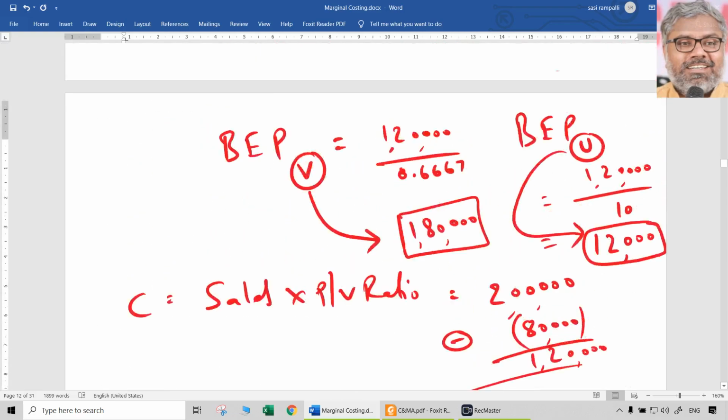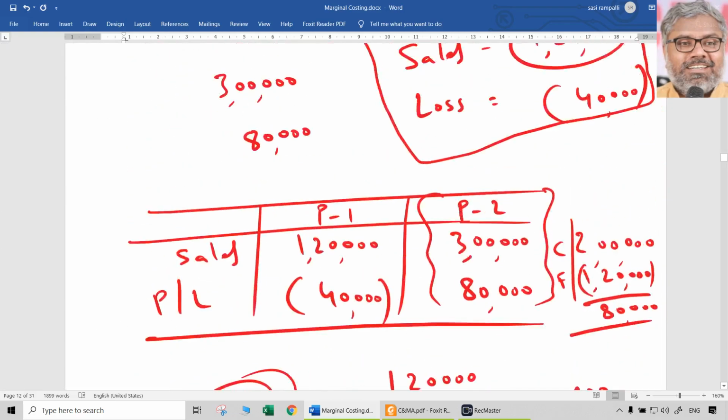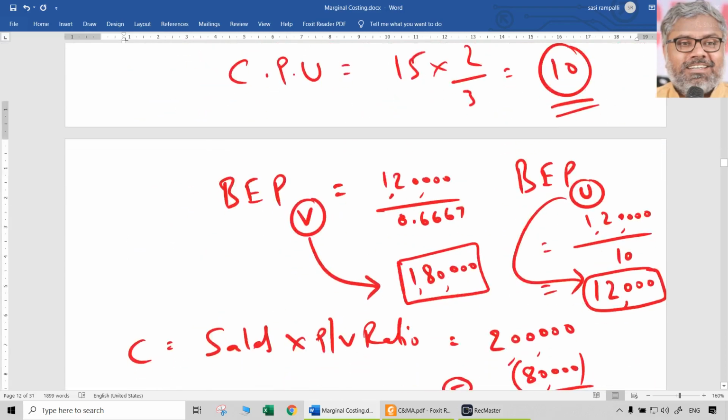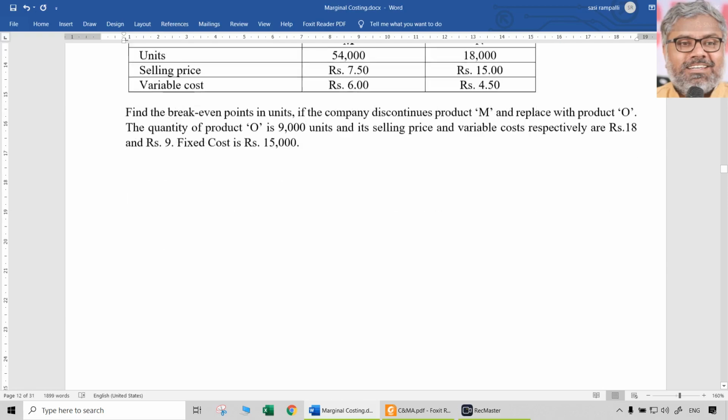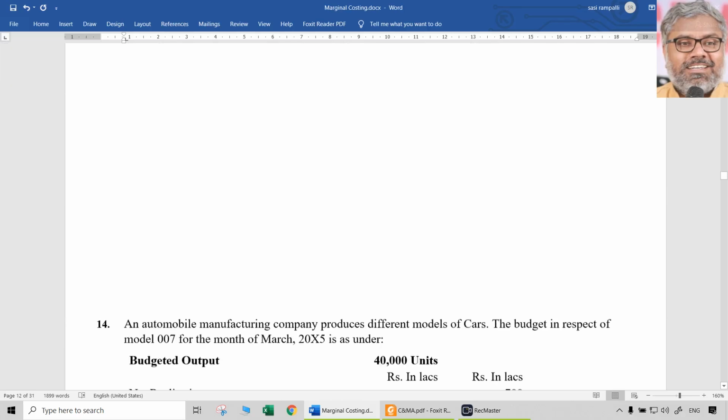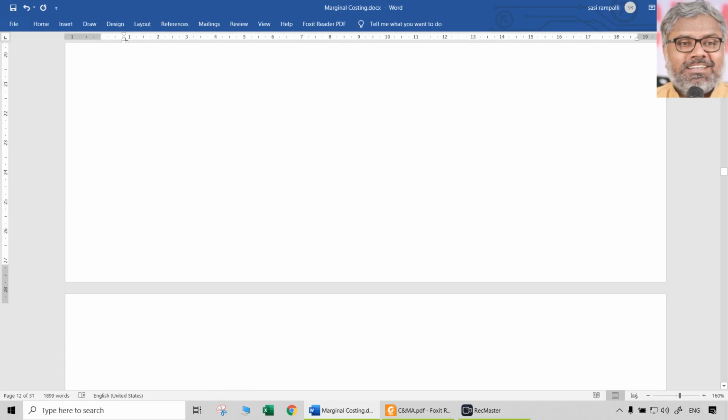Small mistakes also will cost a lot in this chapter. So that is another point to be noted. Accuracy is very, very important. That is the requirement, and we can say the skill set that is required as far as this topic is concerned.